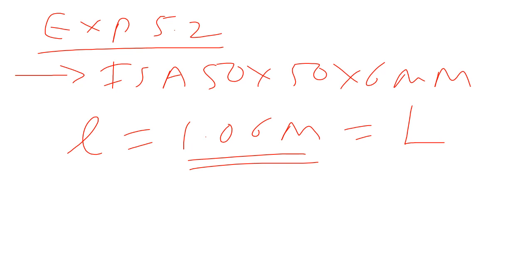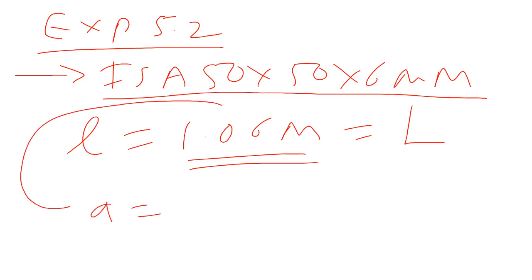Then from the steel table find the properties for this ISA, that is angle. For this ISA, A, the area of cross section, will be 5.68 centimeter square.